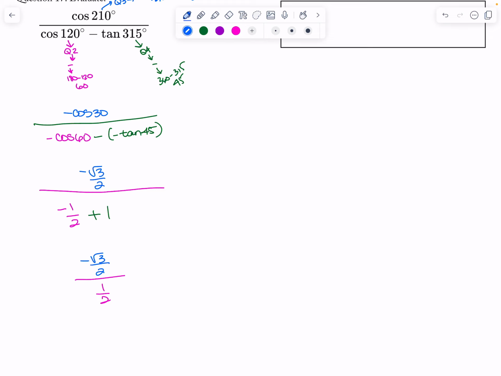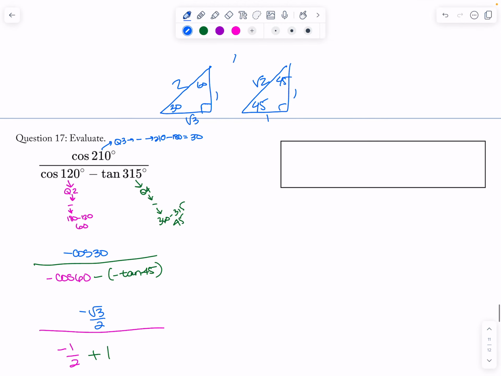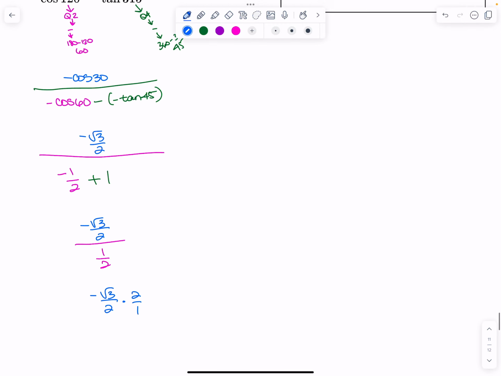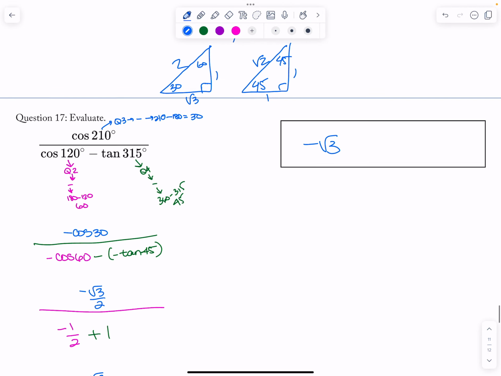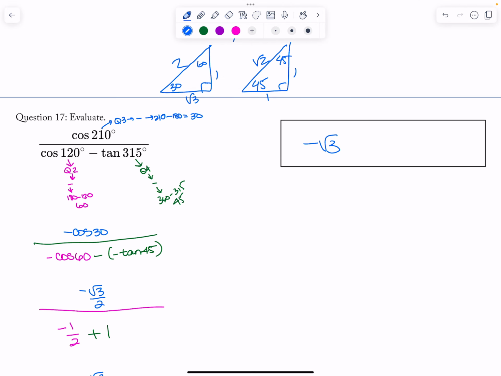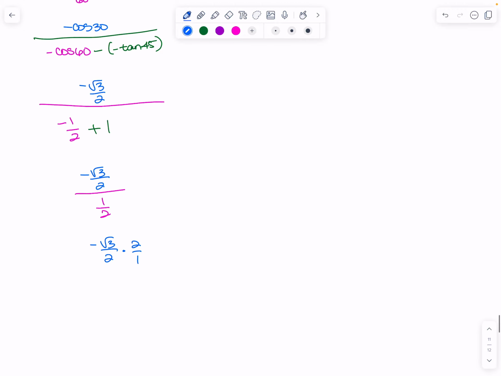So then now I invert and multiply. And I get a negative root 3. Make sure I didn't make any errors here. 30 degrees, 60 degrees. Yeah. All right. And that's it for all the odd numbered questions.